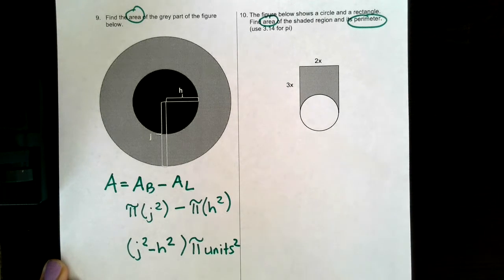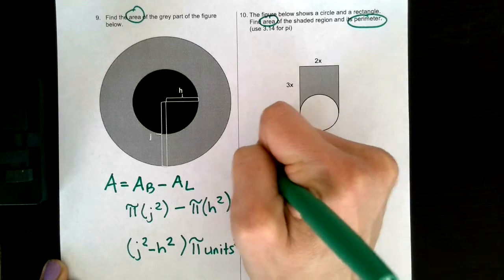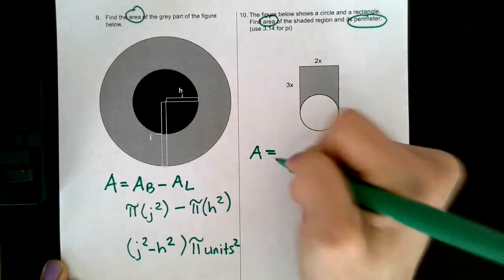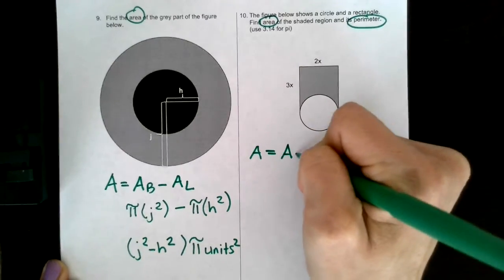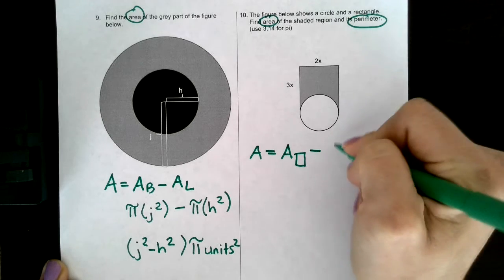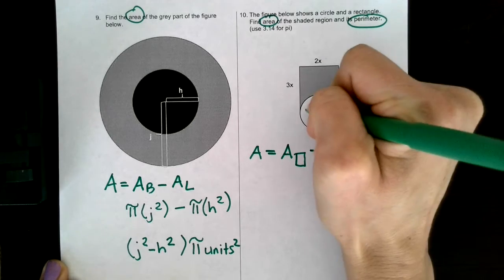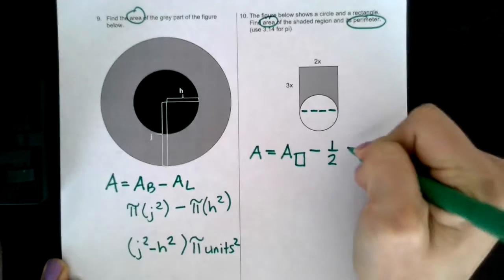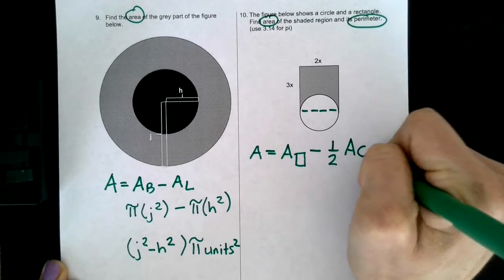All right, for the area of this figure, I want to find the area of this rectangle and subtract 1/2 of the circle's area.